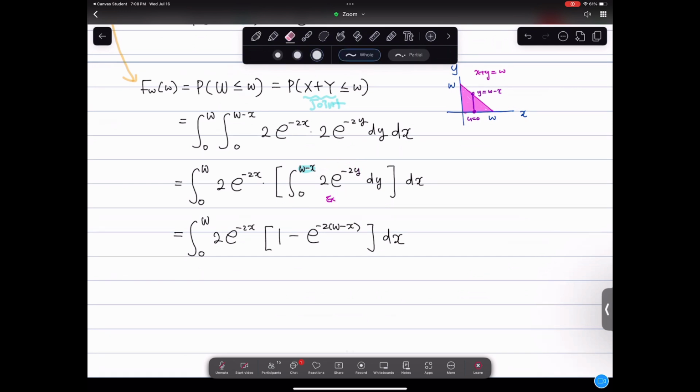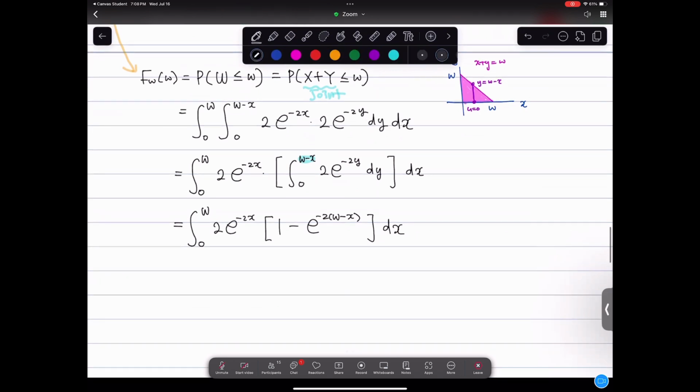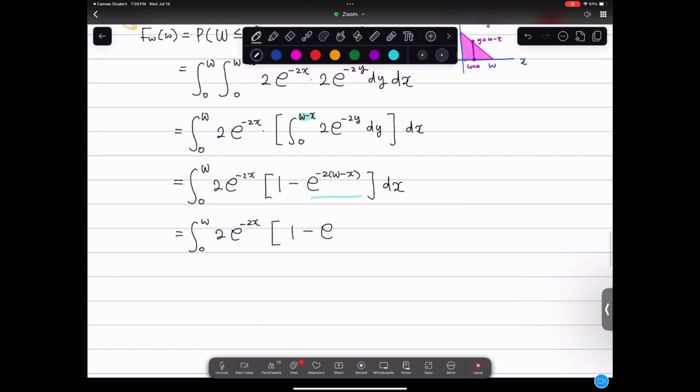So I think this is it. So I just have to do a little more integration. If I separate these over here, let's just write one more time: 0 to w, 2 times e to the power of negative 2x, times 1 minus e to the power of negative 2w and positive 2x, dx.